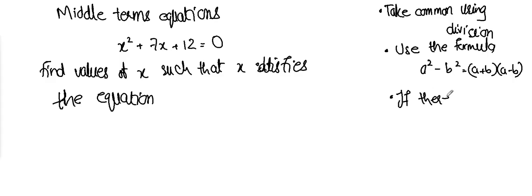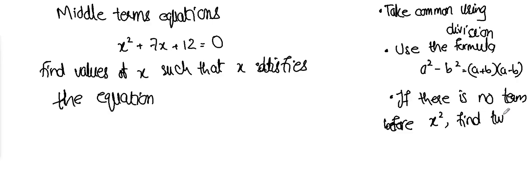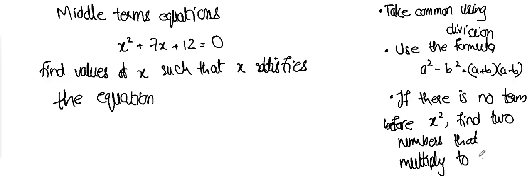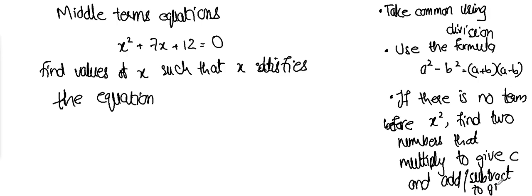If there is no term before x squared, find two numbers that multiply to give c and add or subtract to give b. What do I mean by that?